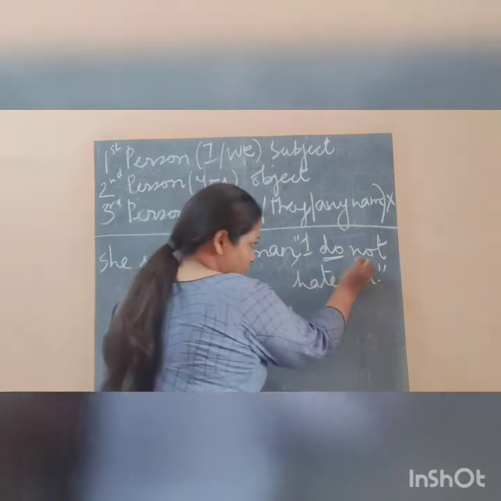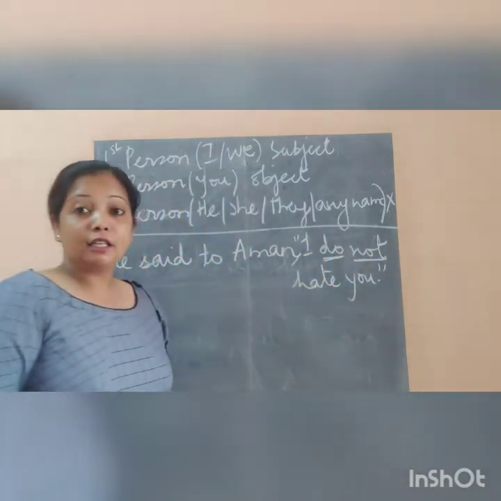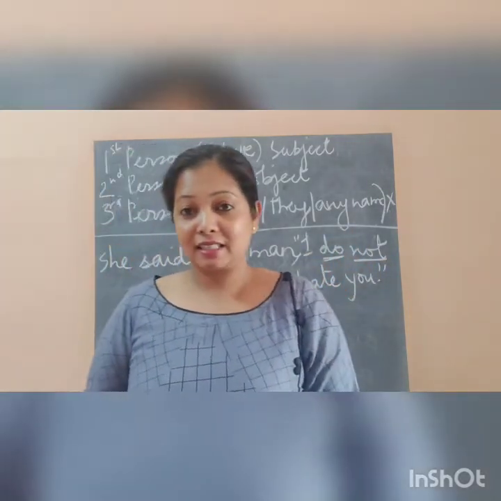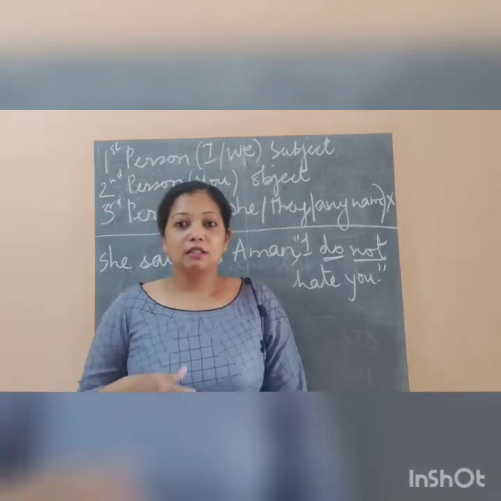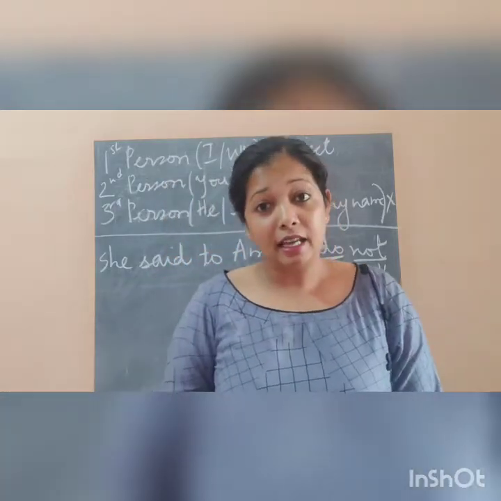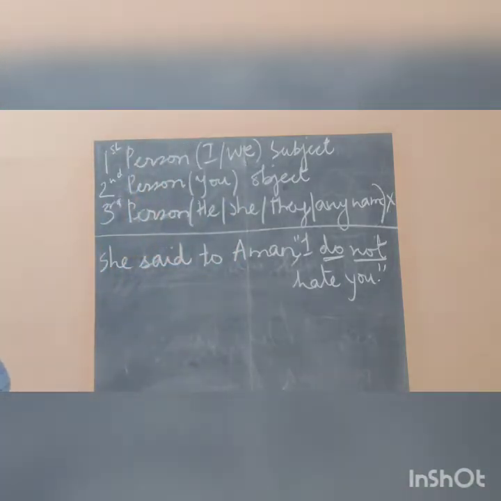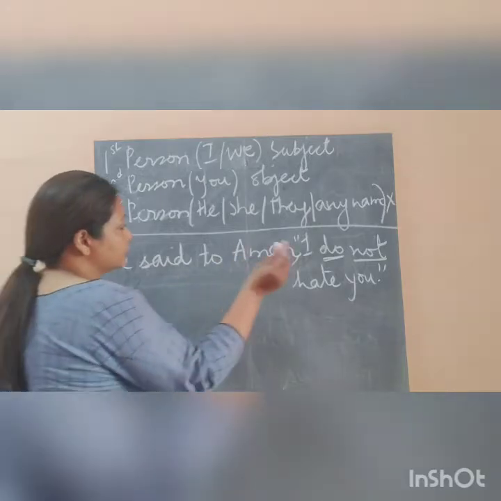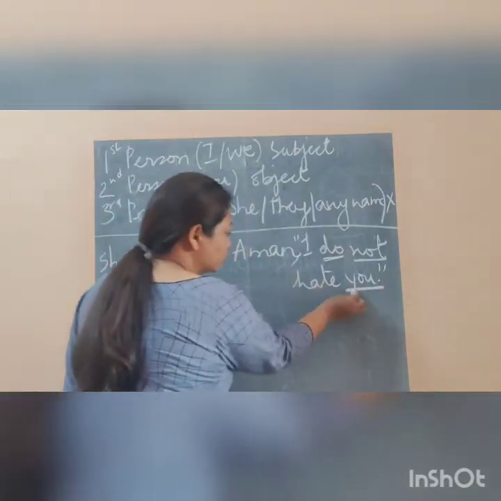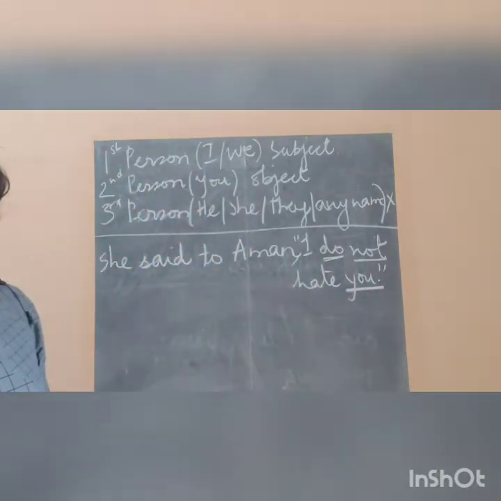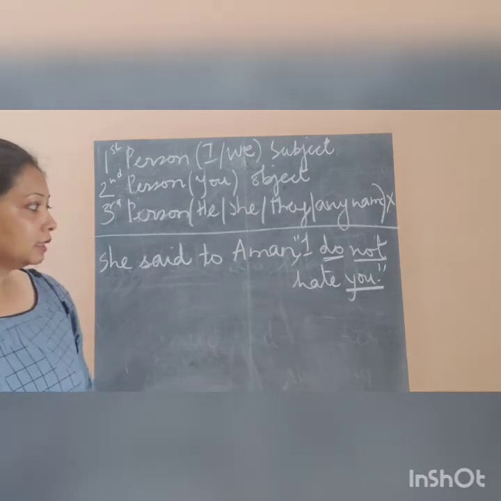Okay, so this is the first thing you need to identify. Then not is written here. Not tells you that it is a negative sentence, right? Now the next thing you can see here is you. Yes, you can see you in the sentence.